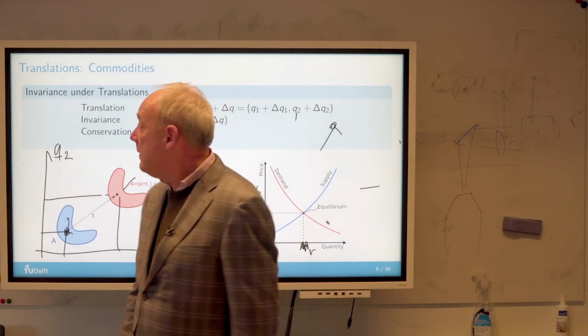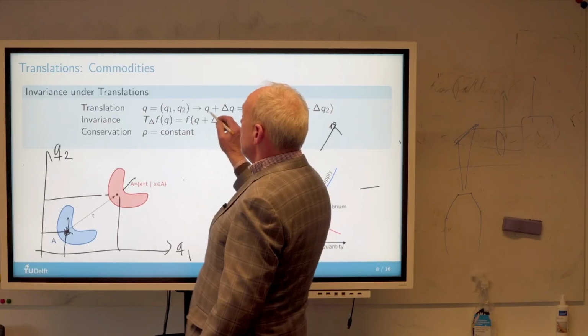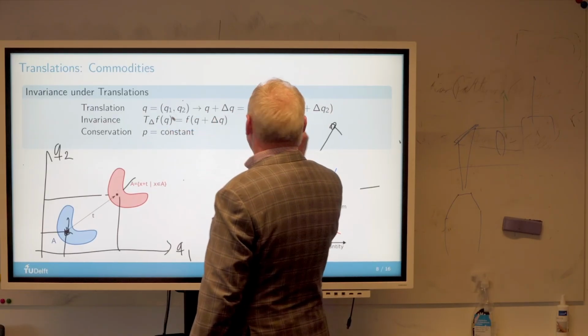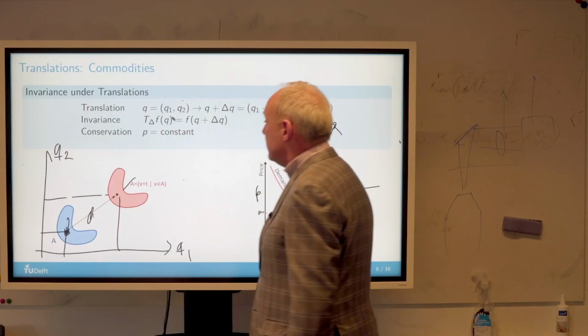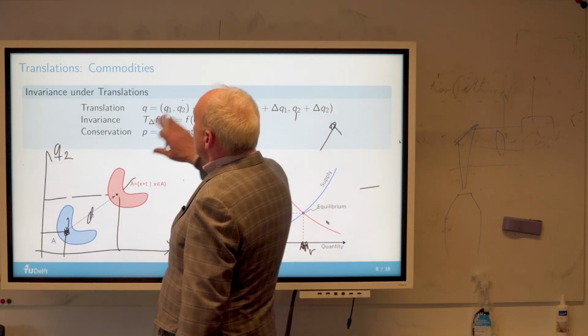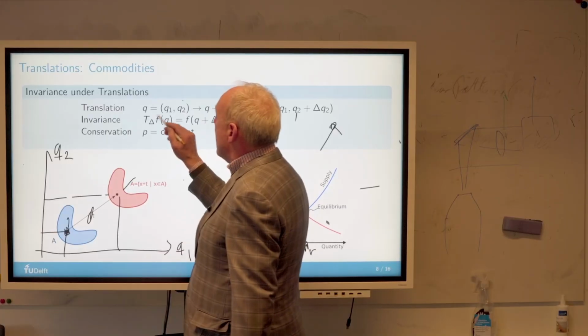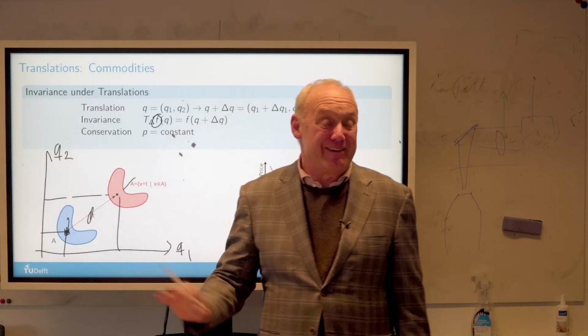So mathematically, this is how we view a translation. You take this point and you add a delta Q here and delta Q here, with this guy called T for translation. But that's not enough. What you want is that also all the laws, all functions, are invariant under this.